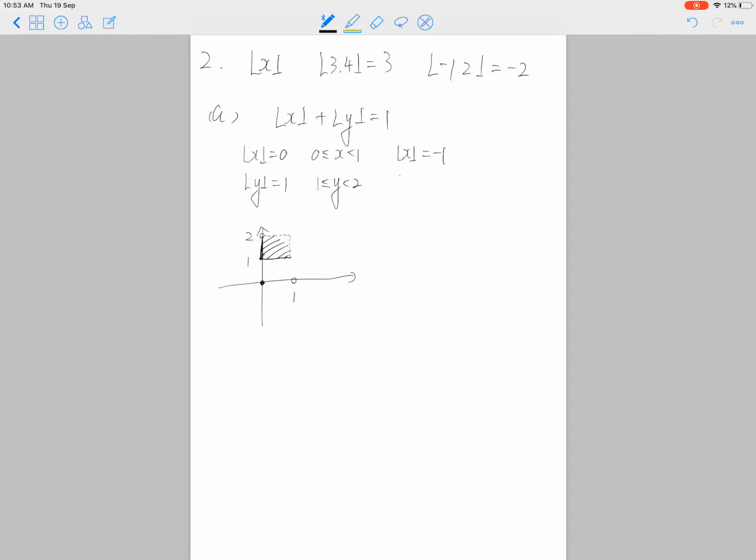Okay, then what about, for example, if floor of x is negative 1, right? Then the floor of y must be 2. Right? Floor of x is negative 1, so x is greater or equal to negative 1 and strictly smaller than 0. And y should be greater or equal to 2 and strictly smaller than 3.